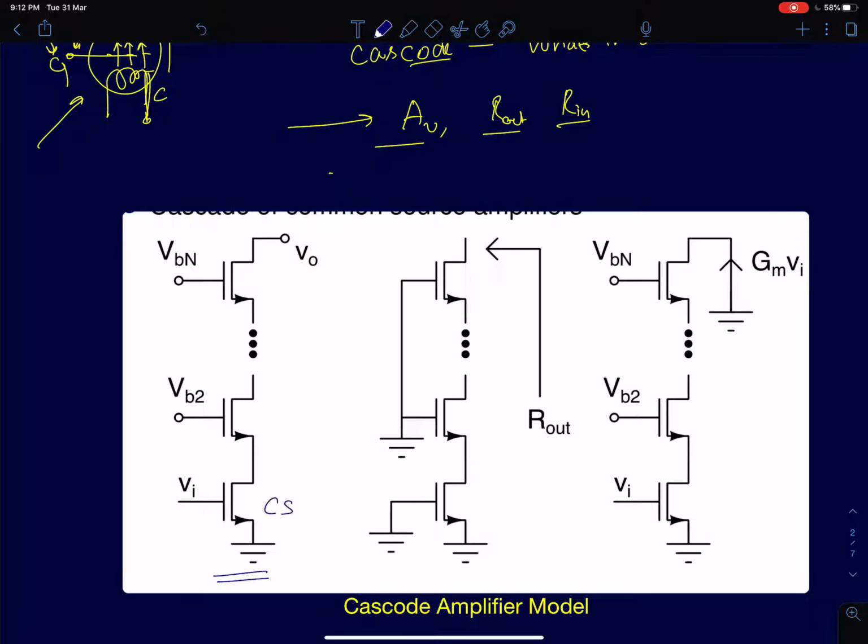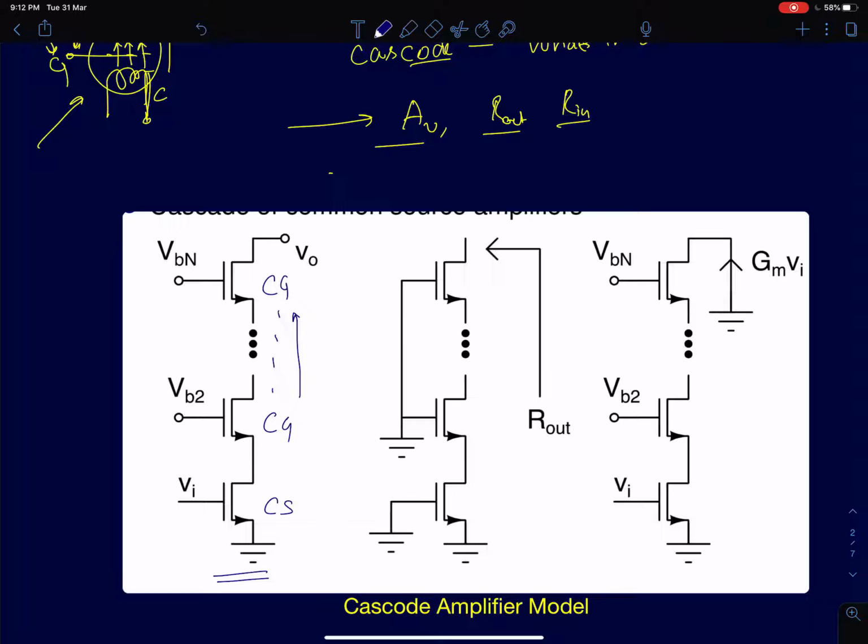The first stage is common source and every other stage is common gate. We just stacked many common gate devices to get a cascode configuration. But conventionally, the more popularly used one is just 2 stages, a common source and a common gate cascode. We can generalize this by stacking more and more common gate devices.